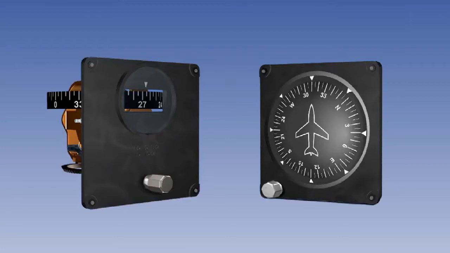Note that although the DGI display consists of a compass rose, the DGI is not a magnetic compass instrument and is therefore free from the acceleration and turning errors of the direct reading magnetic compass. To be of value, however, as a source of heading information, the DGI needs to be continually synchronized with the magnetic compass, and we will see why later in this lesson when we consider the errors the DGI is subject to.